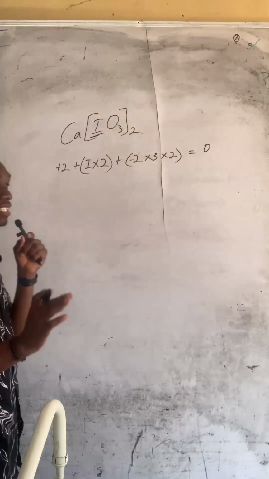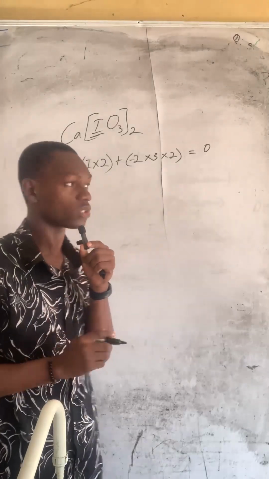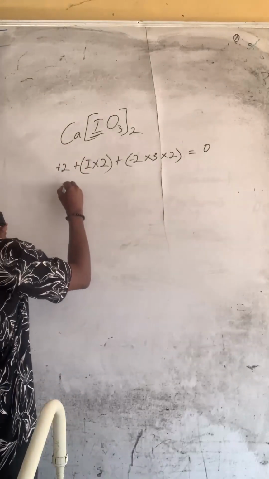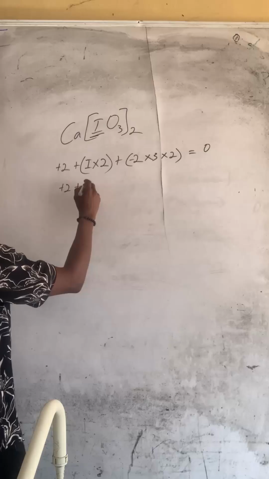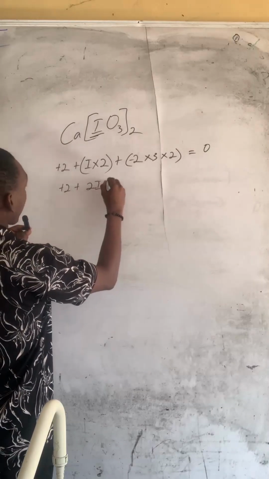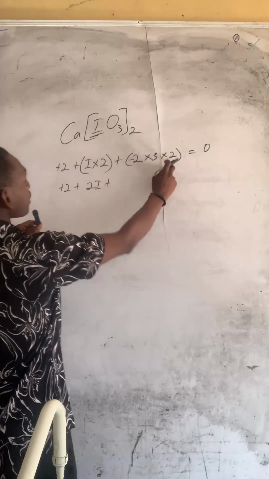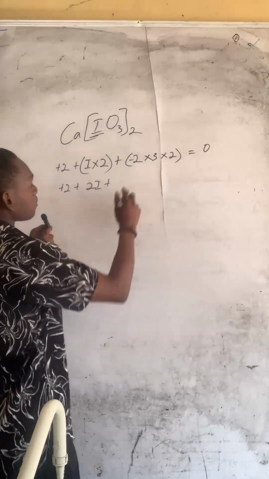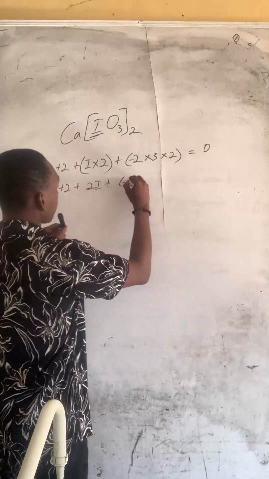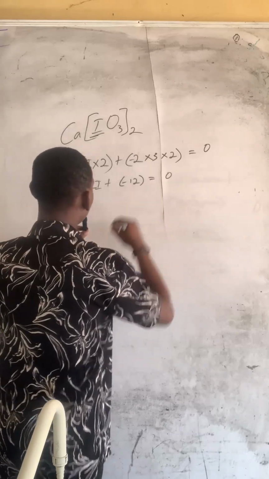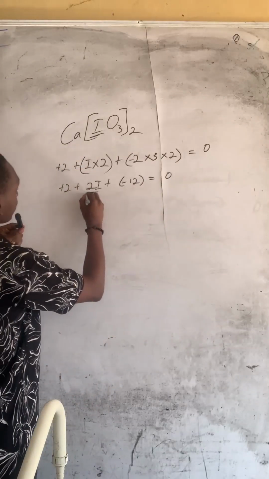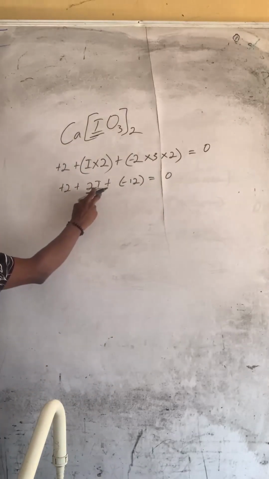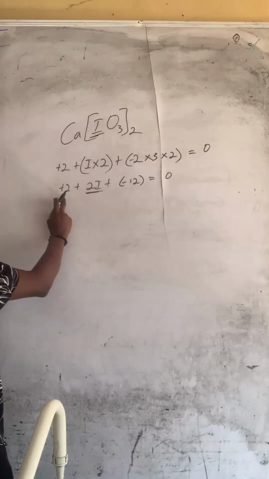Let's solve for I. Very easy. Using our algebra knowledge, let's solve for I. So +2, I times 2, simply it is 2I, -2 times 3 times 2. -2 times 3 gives us -6. -6 times 2 gives us -12, all equal to 0. Now you can see this is the odd man here, and this is an alphabet, this is a number, and this is a number.